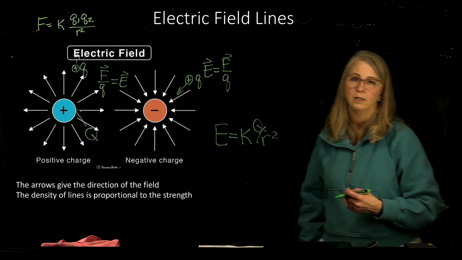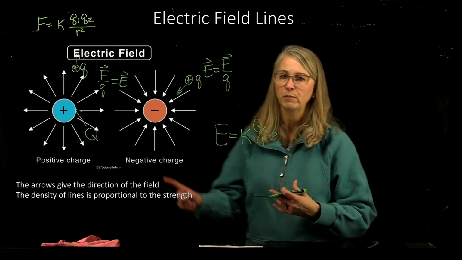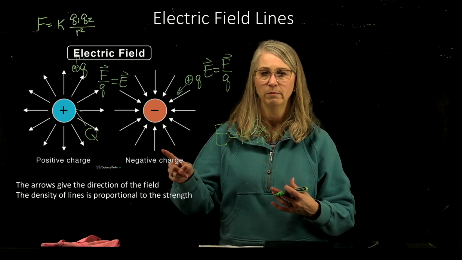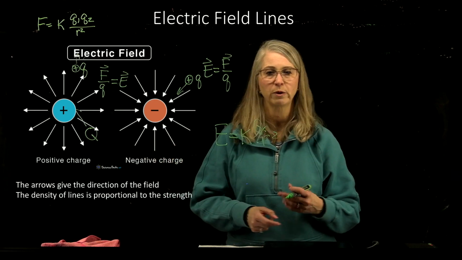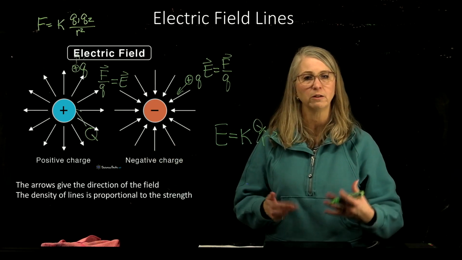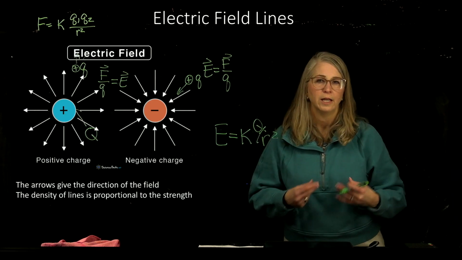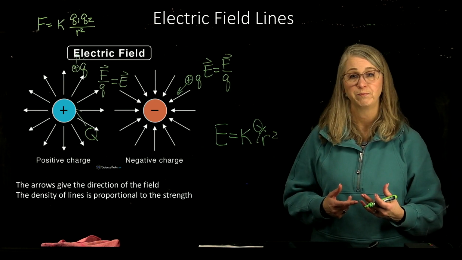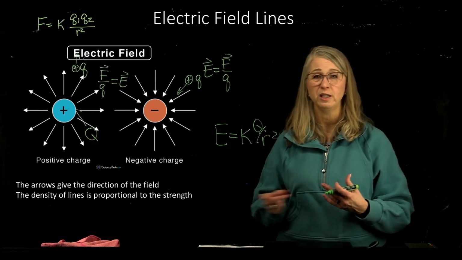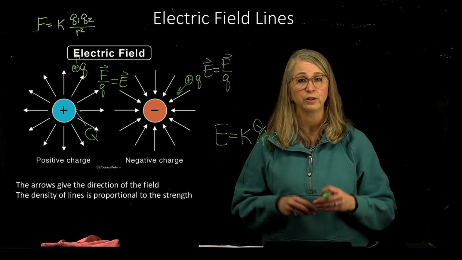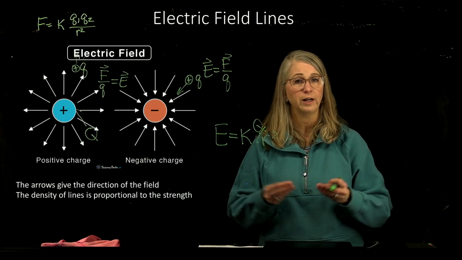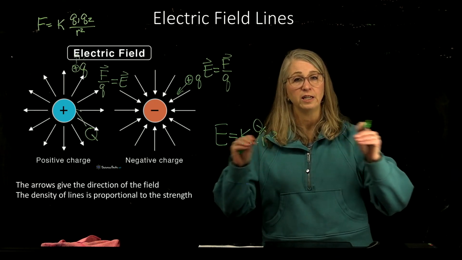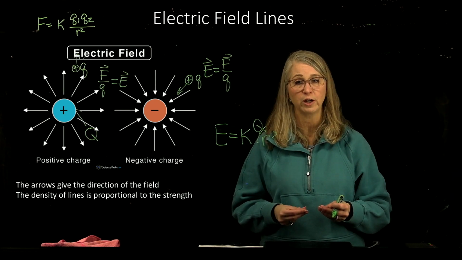So again, the other thing that I want to point out is when you look at these field lines, these arrows representing the electric field, they tell us two different things. The arrows point in the direction of the field, so that tells us the direction. But you can also see that when we're close to the charge, the field lines are closer together, and as we get further apart, they get spaced out further apart from each other.